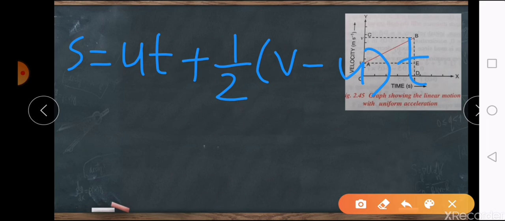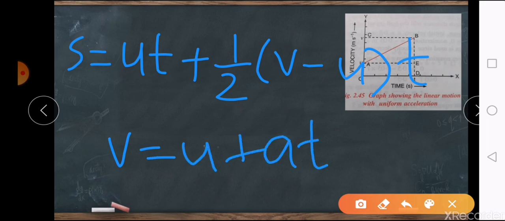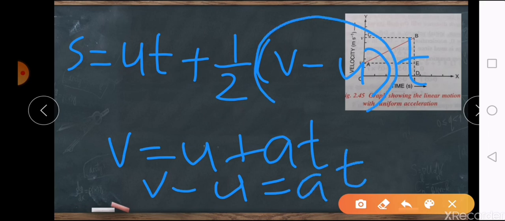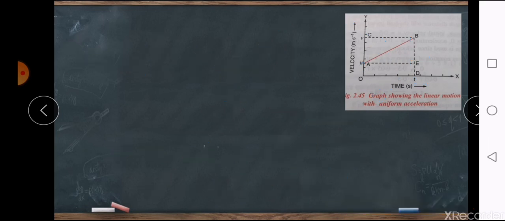Now what we are going to do is go back to the first equation, V is equal to U plus AT, and this time we are going to replace V minus U. From this equation you can write V minus U is equal to AT. Now you replace this V minus U with AT.